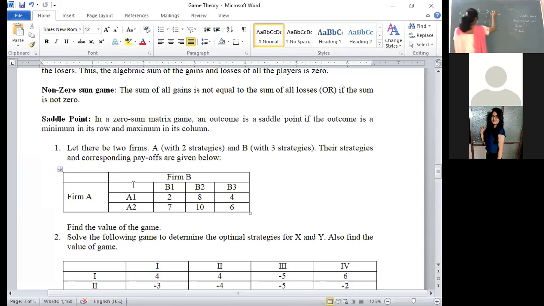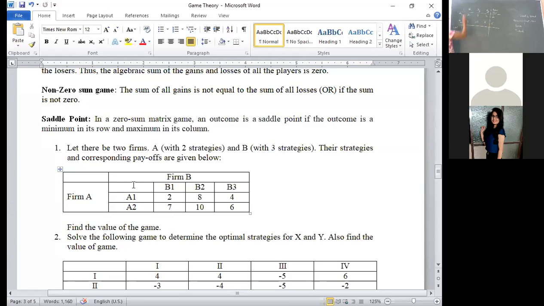Here, first bit, we will go through row minima. For columns, we will go through maximum. First row, among these three values, which is minimum? 2. For player A2, which is minimum? That is 6.